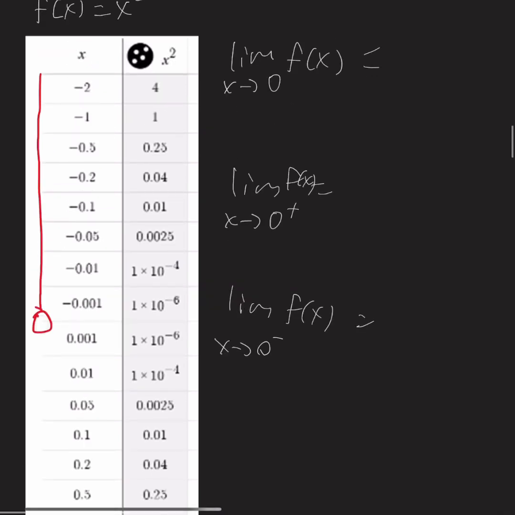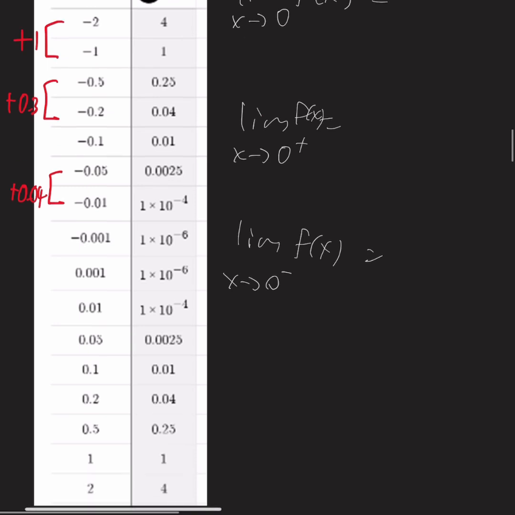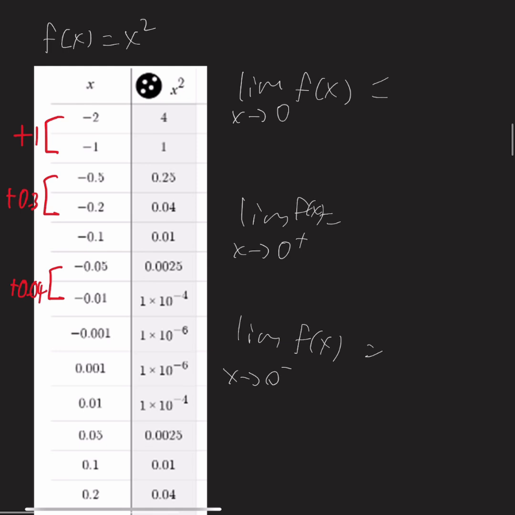And we see here that this side is plus 1, this side is plus 0.3, and the increment is getting smaller and smaller. That's plus 0.04, and we see really small increments here. It's the same on this side, because the table is symmetric, so this is an appropriate table to find a limit with.